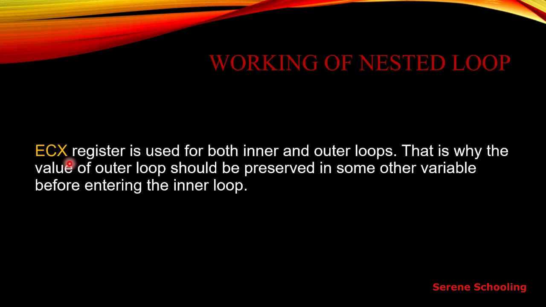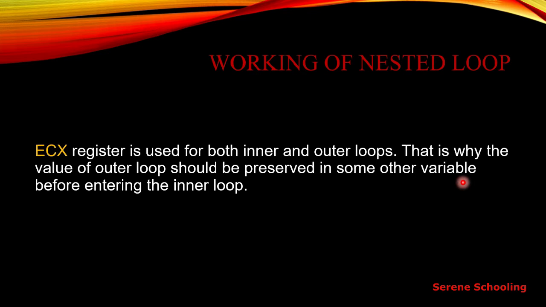So the outer loop value should be preserved in some other variable before entering the inner loop. I'm saying variable, not register, though you can also do it in a register, but I'm basically discussing how you can preserve the previous value before going into the inner loop.